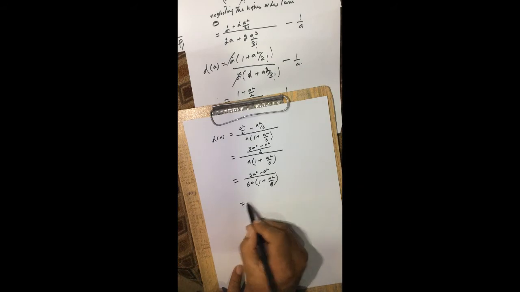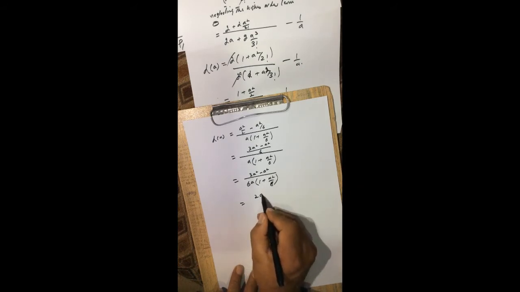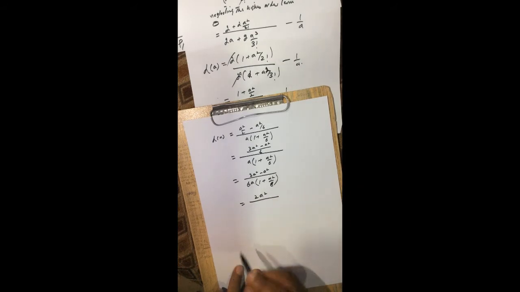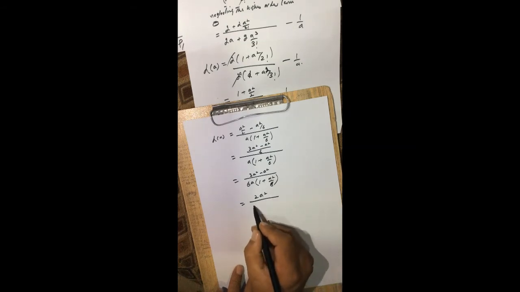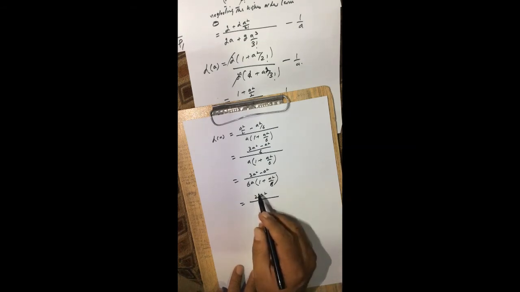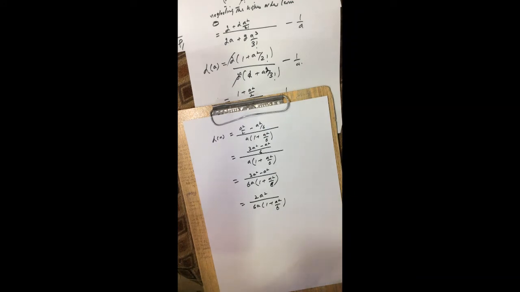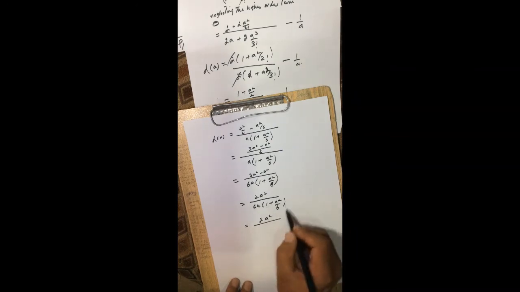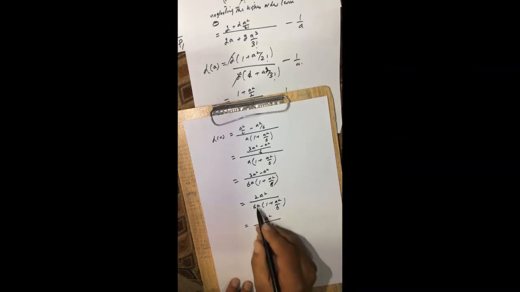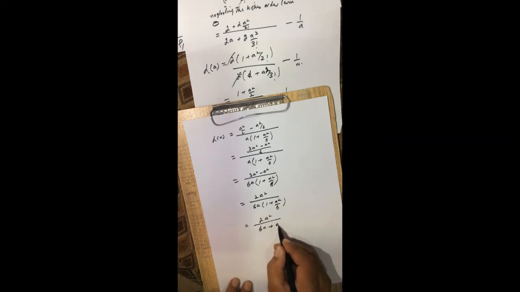If I solve this, in the numerator we have 2a square, divided by 6a into 1 plus a square over 6. If I further solve it and bring this 6a inside the bracket, 6 cancels with 6, so plus a cube here.